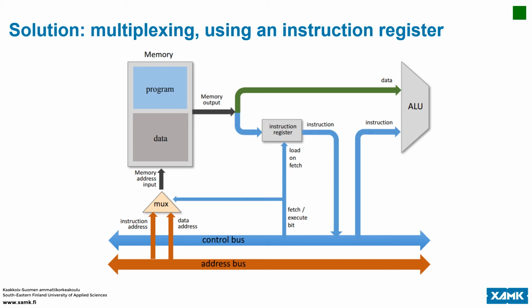So now, depending on which bit is flipped in the fetch execute flag, the multiplexer knows how to handle the memory inputs correctly. So whether to read or write some data to the memory, or whether to fetch a program instruction from the memory. Meanwhile, on the right, the program instructions flow to the ALU via the control bus, and the instruction register is updated to fetch a new instruction if we need to move on to the next operation in the program.